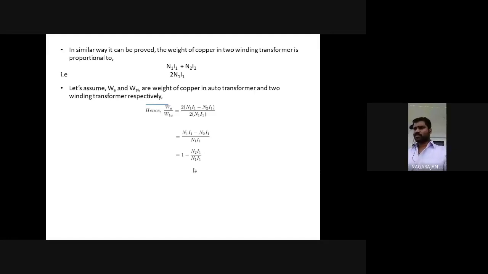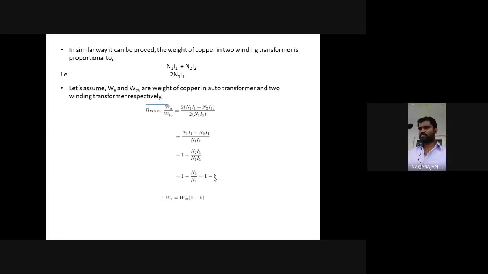After putting the transformation ratio here, we know that N2 divided by N1 is the K value. So 1 minus K, this final equation, the ratio between the auto transformer and two winding transformer weight of copper is given as 1 minus K.